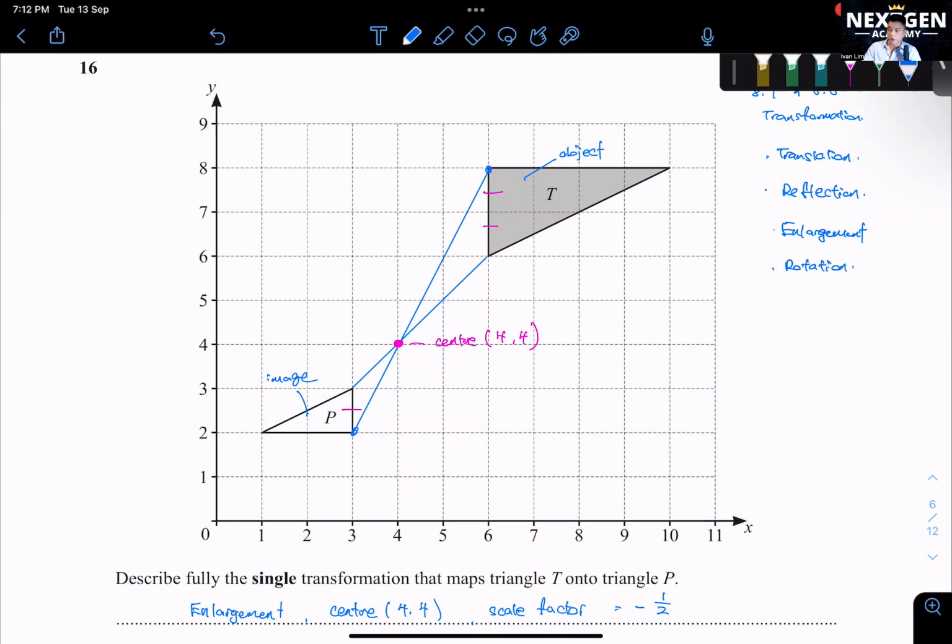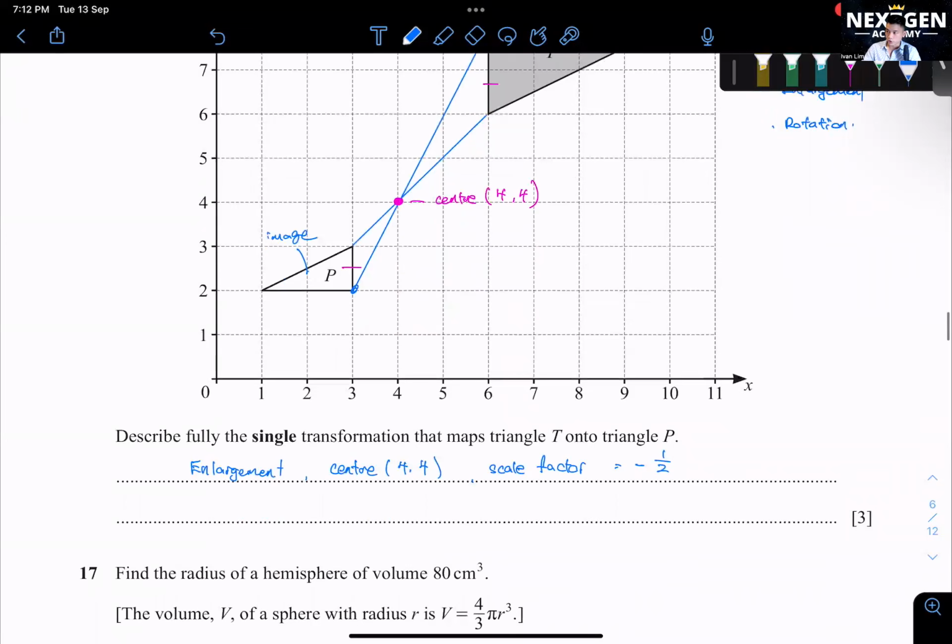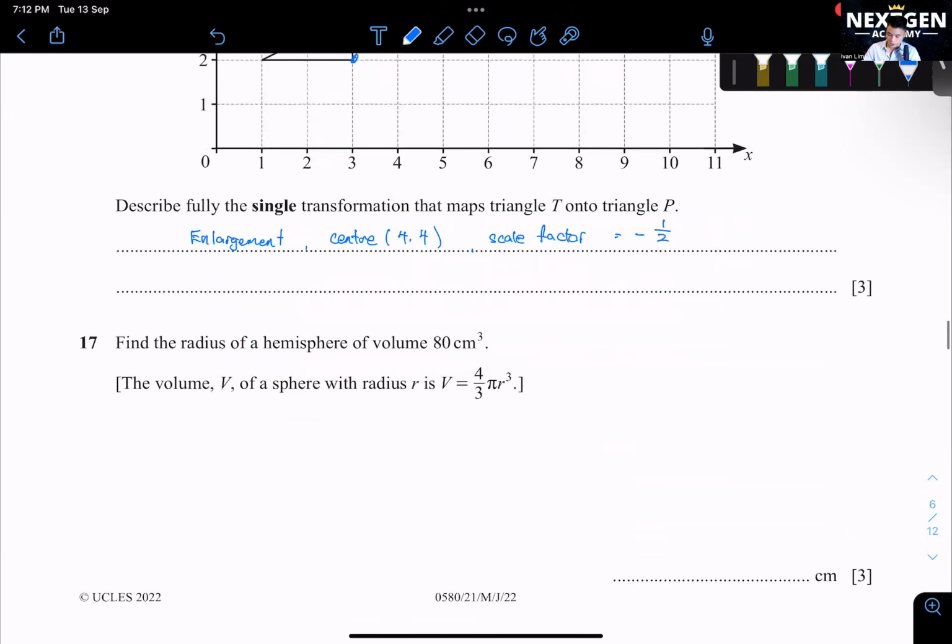You need to master all 4. There will be one question that will come up in your exam on transformation. Sometimes a lot of marks, sometimes fewer marks. This is how you get the 3 marks. You just follow, one point is each mark.